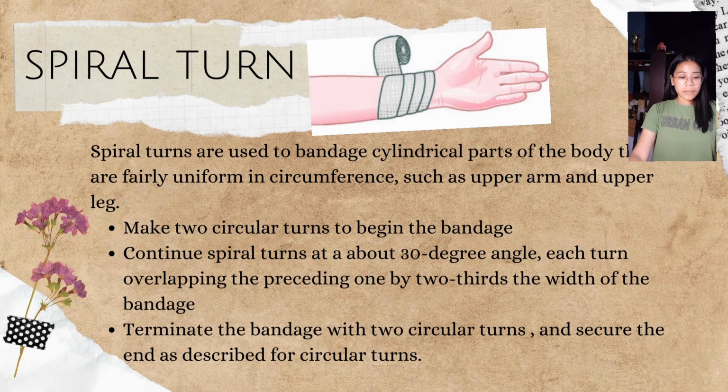To apply this, make two circular turns to begin the bandage, and then continue spiral turns at about a 30-degree angle, each turn overlapping the preceding one by 2/3 the width of the bandage, and then terminate the bandage with two circular turns and secure the end as described for circular turns.